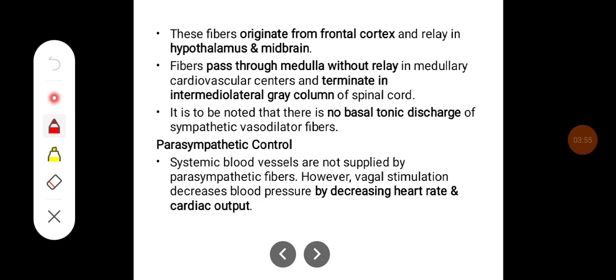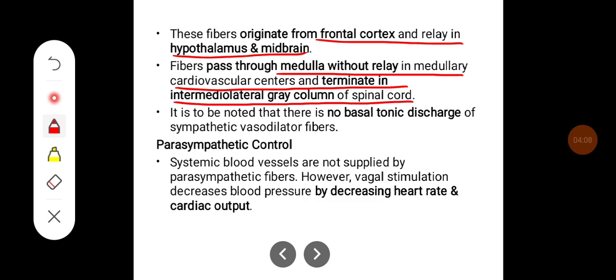These fibers originate from the frontal cortex and relay in the hypothalamus and midbrain, and pass through the medulla without relay in the medullary cardiovascular centers and terminate in the intermediolateral gray column of the spinal cord. It is to be noted that there is no basal tonic discharge of the sympathetic vasodilator fibers.